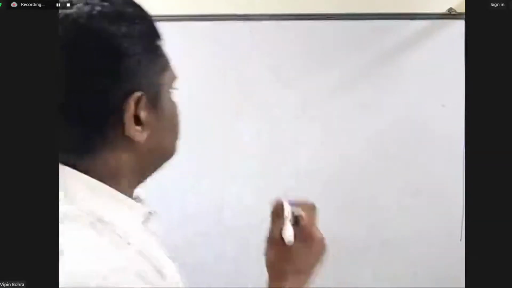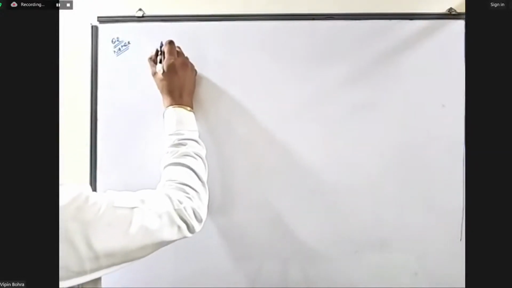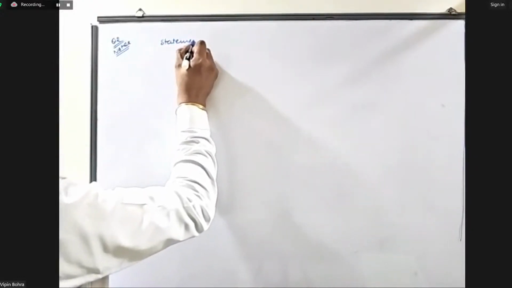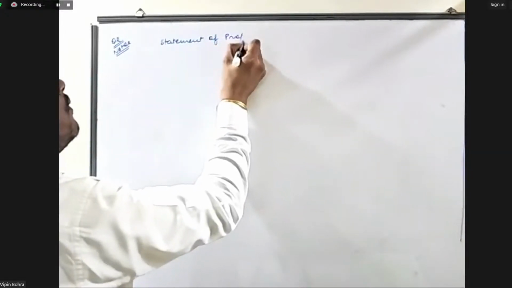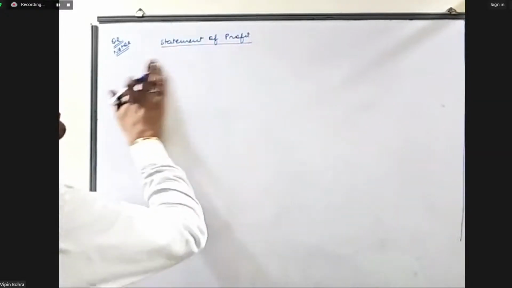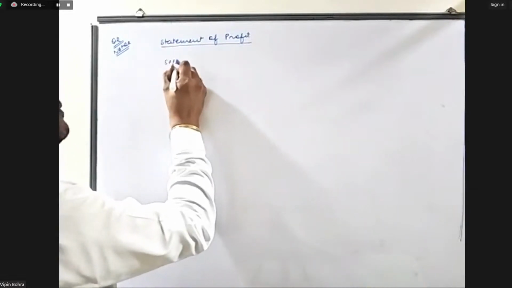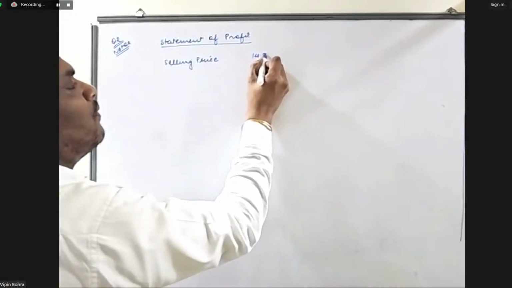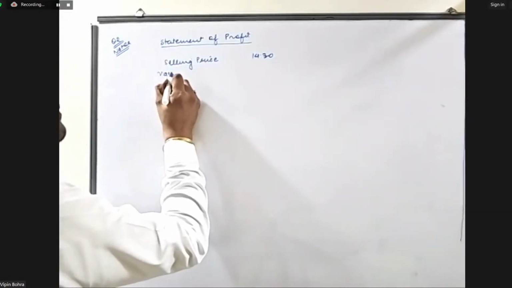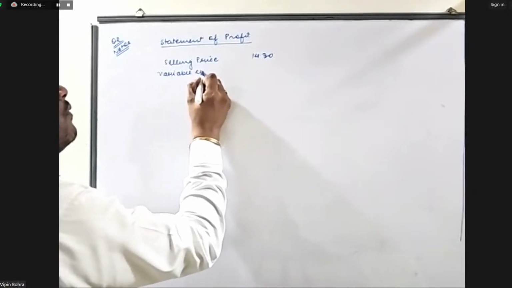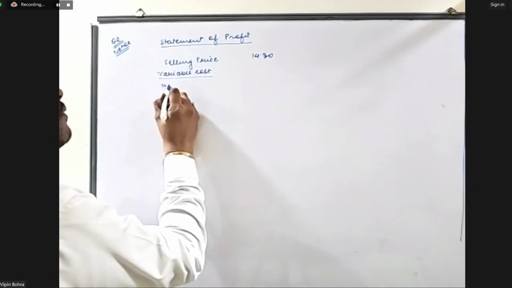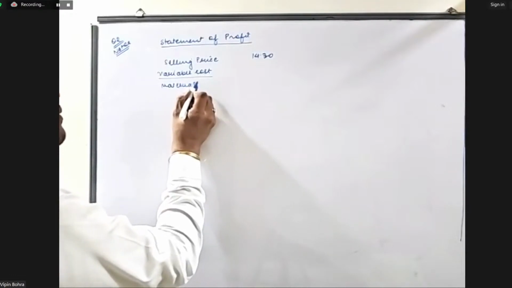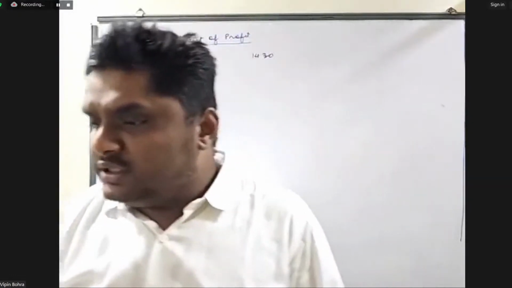So herein, my selling price is 14 rupees 30 paisa. When talking about material cost, it is 3.5.